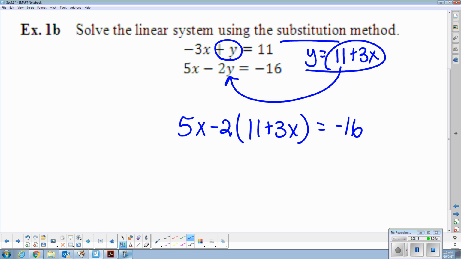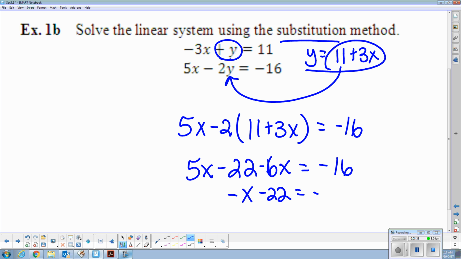And then again, you follow your order of operations. So 5x minus 22 minus 2 times 3x is 6x equals -16. You can combine your like terms. So you get -x minus 22 equals -16.